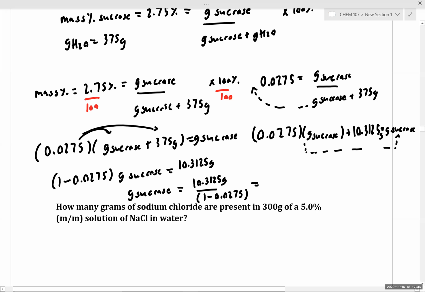Punching this into our calculator, that in turn gives us 10.6 grams of sucrose, respecting the fact that our mass percentage and initial input had three significant figures.